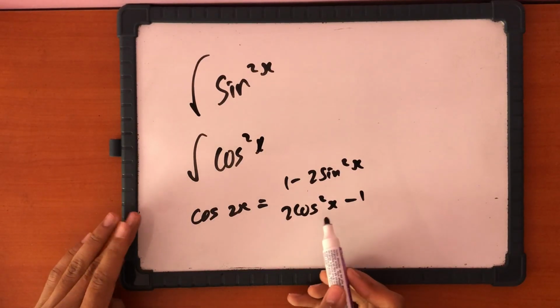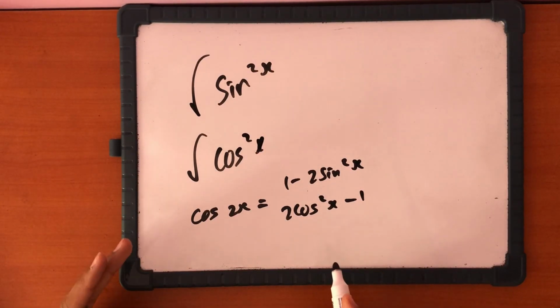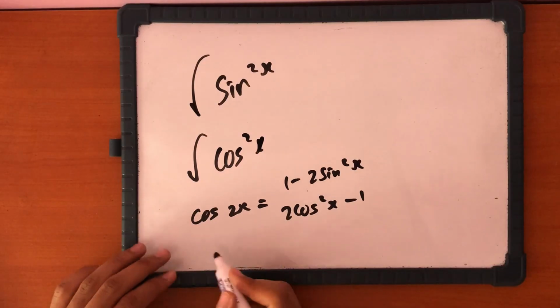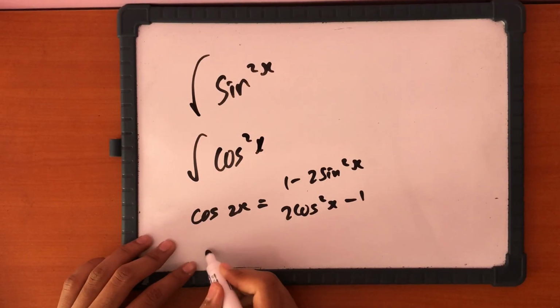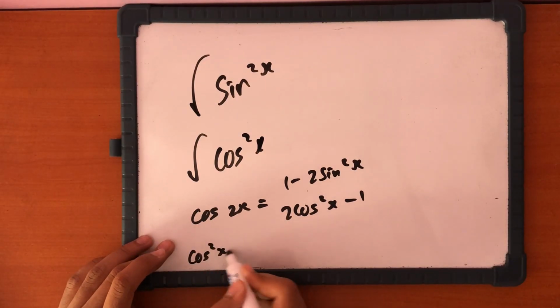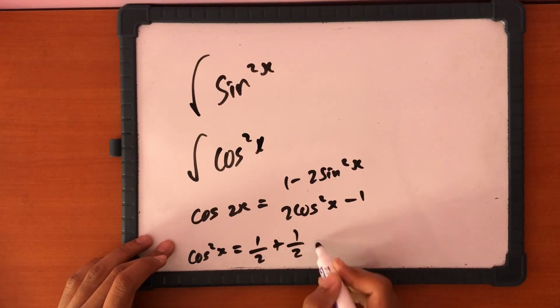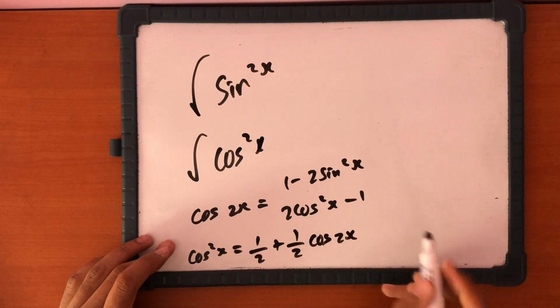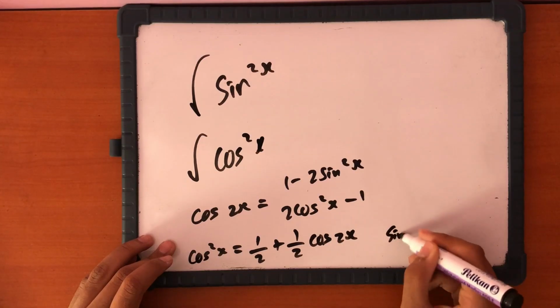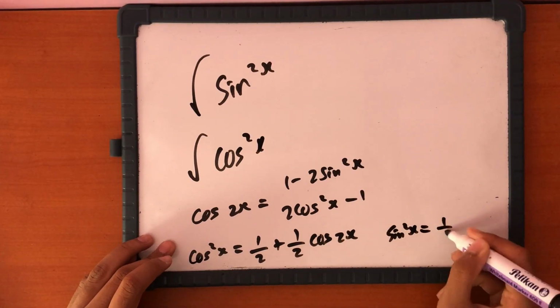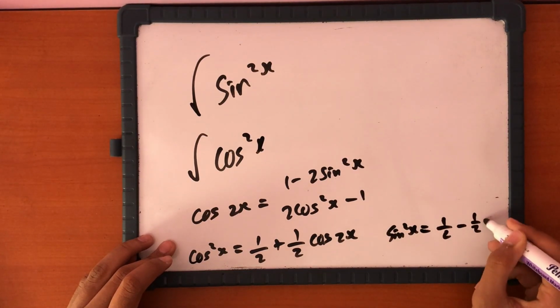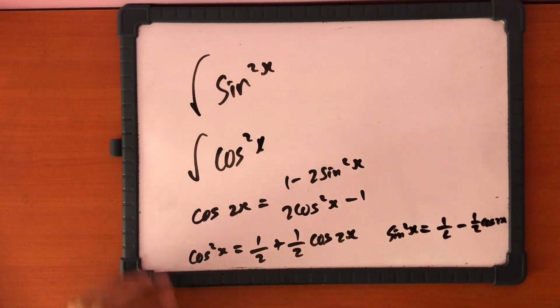So from here, when you do the manipulation, you will see that cos squared x is the same as half plus half cos 2x, and sine squared x is always half minus half cos 2x.